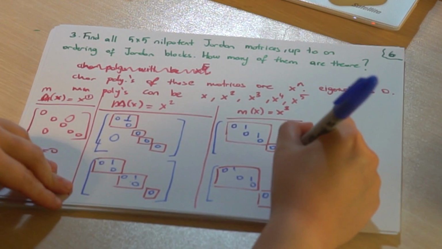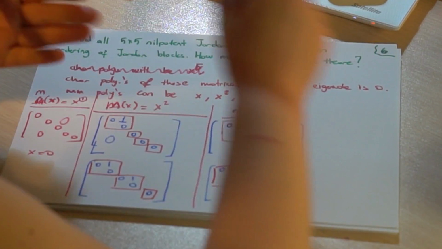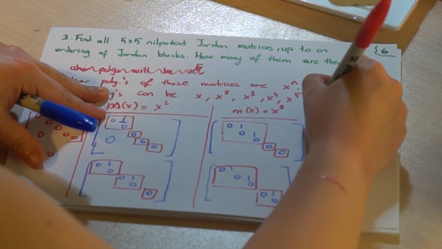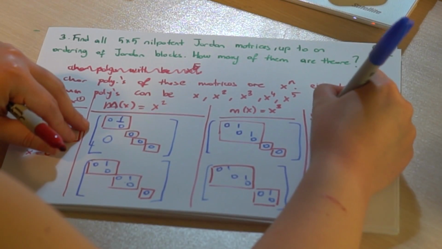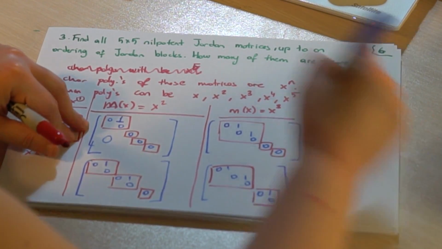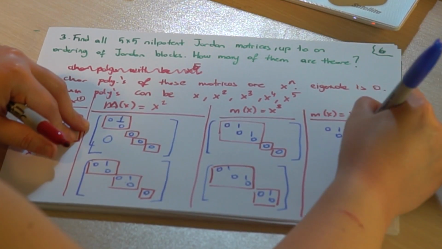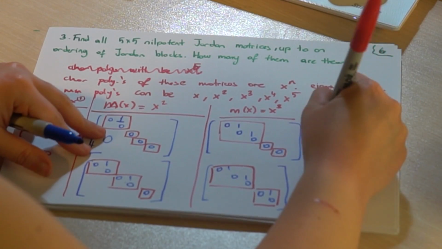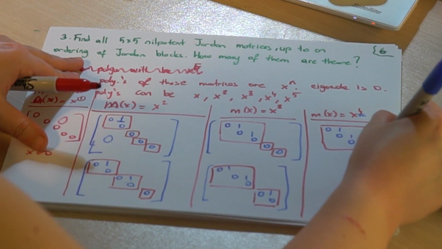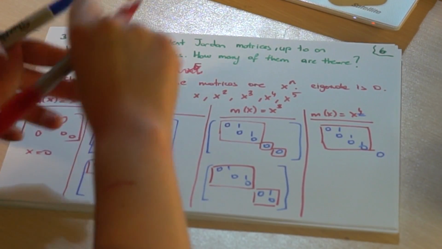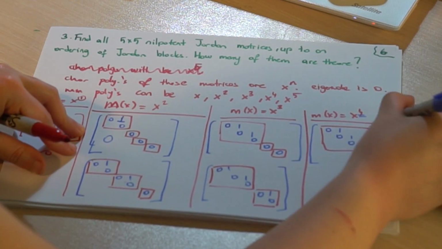Still the maximal size is 3 by 3. If the minimal polynomial is x to the 4, we need to have one block of size 4 by 4, since the minimal polynomial is x to the 4. And we have just one space left, which is a 1 by 1 block.